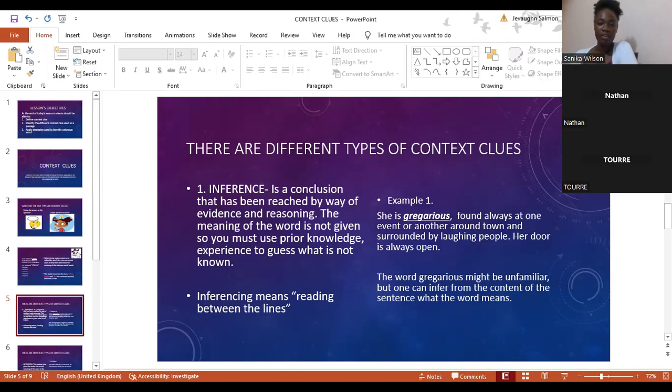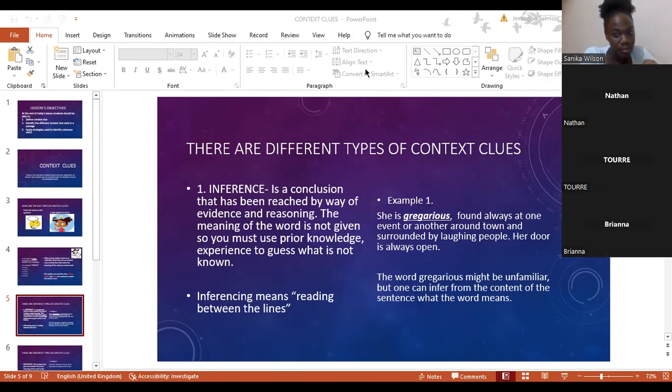Anybody can tell me what gregarious means? Gregarious. What do you think that means? So she is gregarious. Yes, she's talkative. She is gregarious, found always at one event or another around town and surrounded by laughing people. Her door is always open. What do you think that word means?